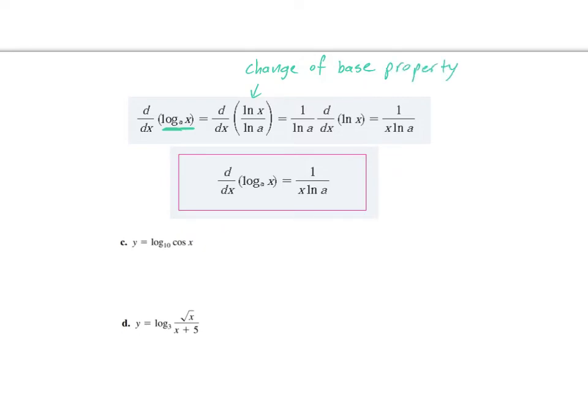If we rewrite it in this way, then that 1 over ln of a is essentially just a constant we can pull out, because a is a constant, and so ln of a is still a constant. And so really what we're looking at is just the derivative of ln of x. And the derivative of ln of x is 1 over x. So if you take that 1 over x and you multiply by the extra factor of 1 over ln of a that was out there, then you end up with 1 over x ln of a.